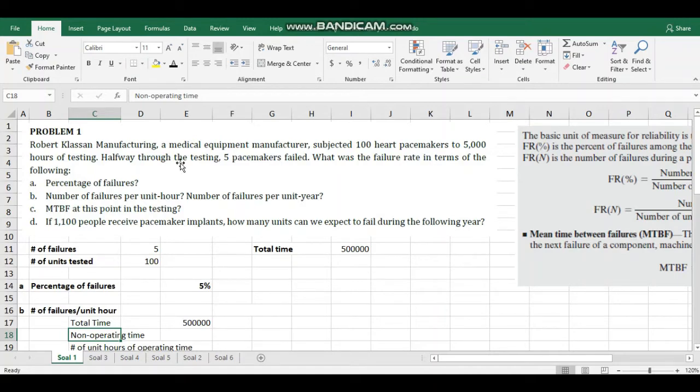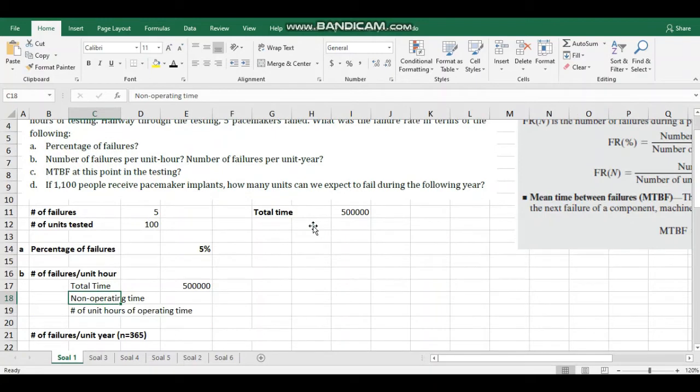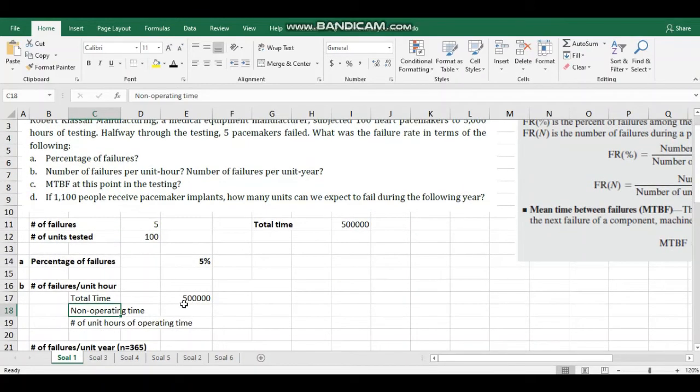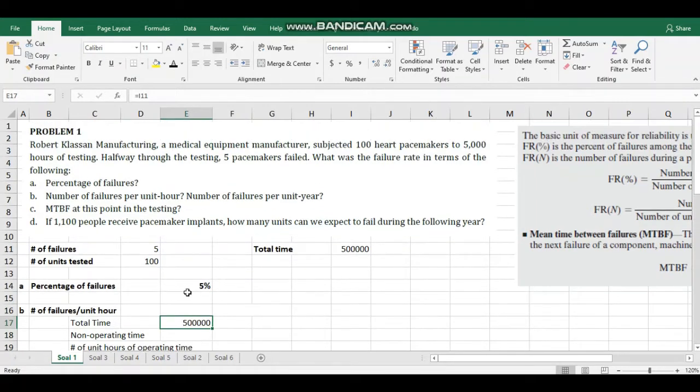So there is non-operating time because the testing has failed. And how long is the machine failed to operate for those 5 pacemakers? We know that per test it takes 5,000 hours, while there are 5 pacemakers that failed.